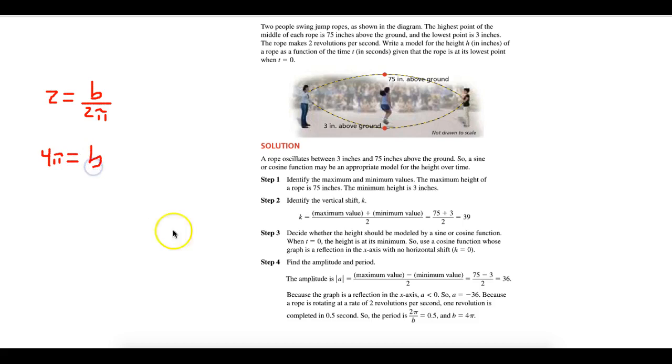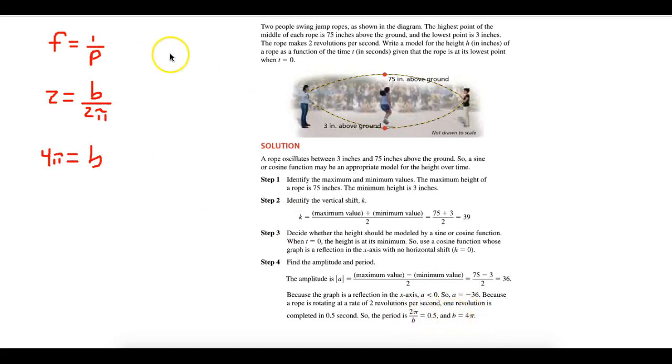Okay, so that's going to be our b value right here. Again, we're using the formula frequency equals 1 over the period. And the period is just 2 pi over b, so that gives us frequency equals b over 2 pi. So that's how we get that formula right there.